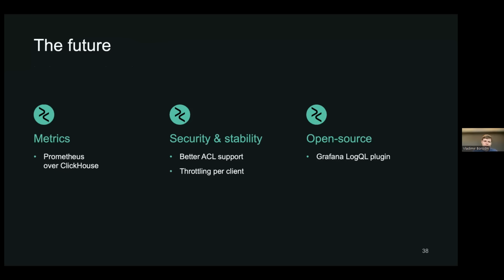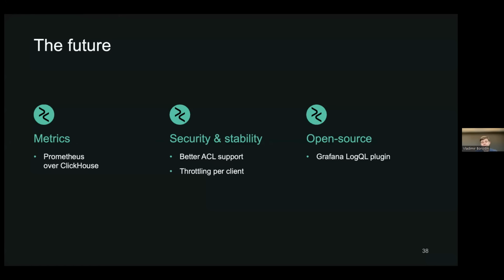What we plan to do in the future, as I mentioned above, is to make Prometheus over ClickHouse, to become cloud agnostic and lower our metrics cost. There are a couple of things to do in terms of security and stability. For example, our ACL for logs is not ideal right now, it's really high level and divided by team, but we need a per-log ACL.